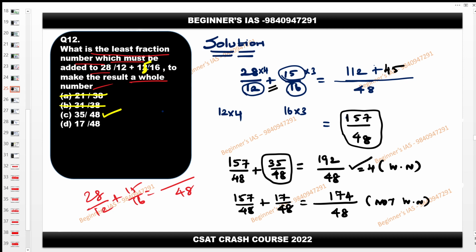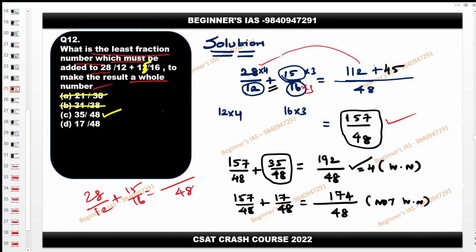To make 48 in the LCM, here I have to multiply by 4, so it becomes 112. Then here I multiply by 3, so it becomes 45. Then 157 by 48. Then you need to check which gives you a whole number. 157 by 48 plus either 35 by 48 or 17 by 48.